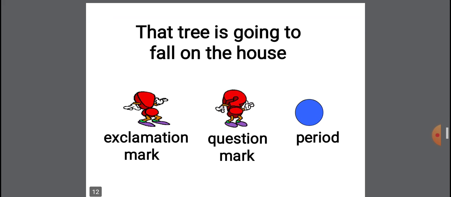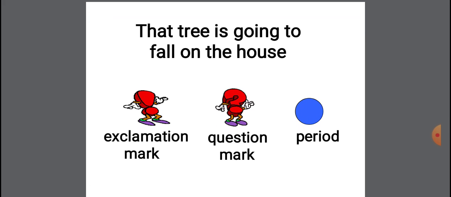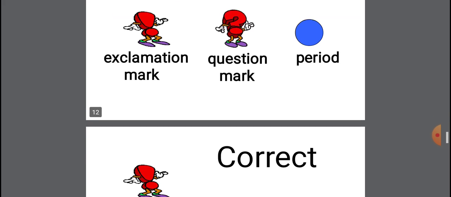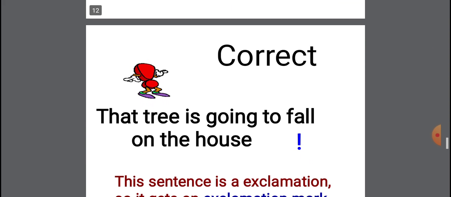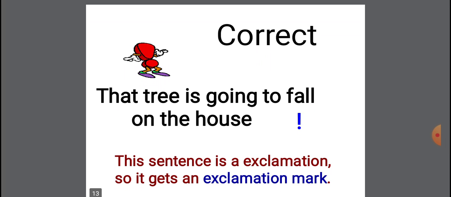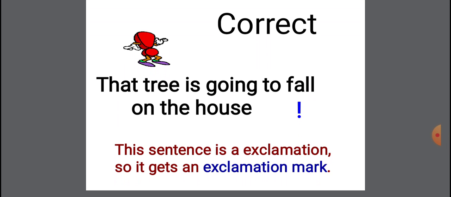Next, that tree is going to fall on the house. You have to use one of these three marks. If you use the sign of exclamation, it would be correct, because this sentence is also showing excitement, so it gets an exclamation mark.